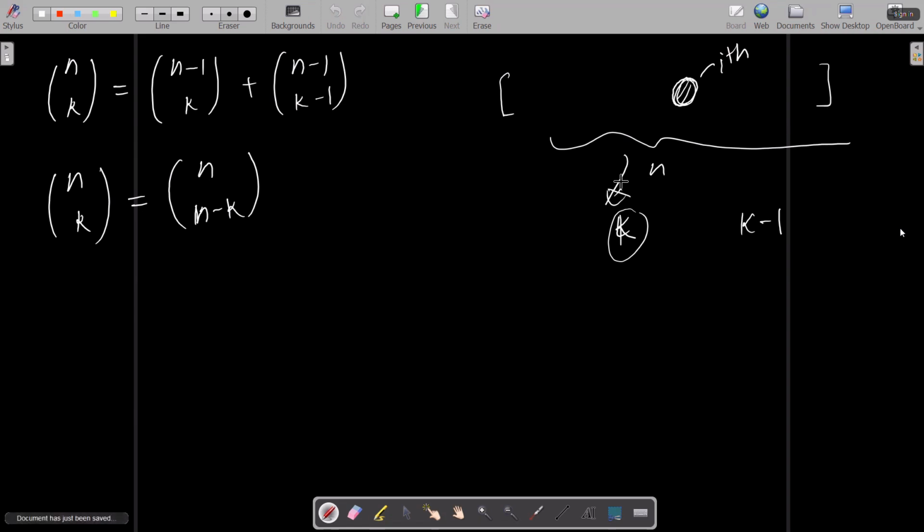So by finding the number of different ways where you can take k elements out, you have coincidentally found the number of different ways you can leave n minus k elements in the original array. So it is similar to taking n minus k elements out from the array. So that is why these binomial coefficients are symmetric.